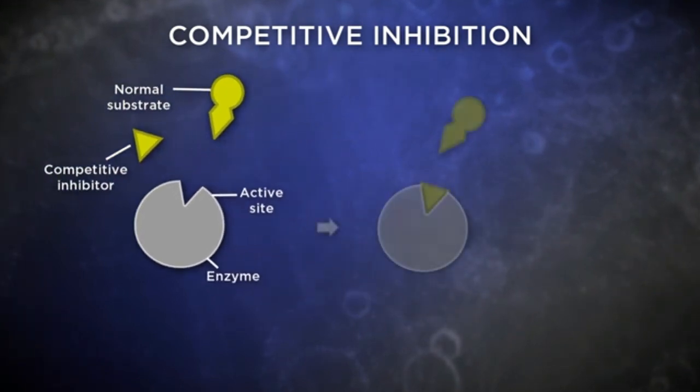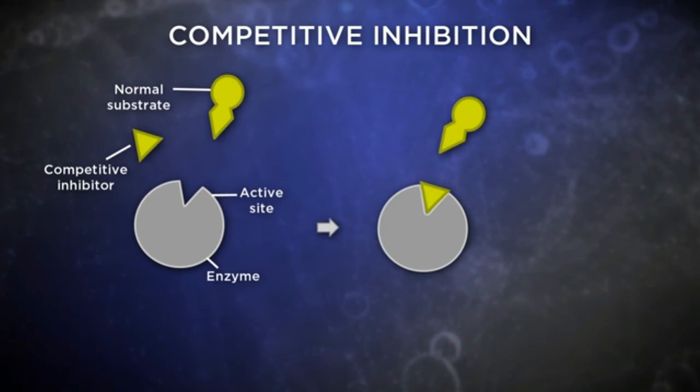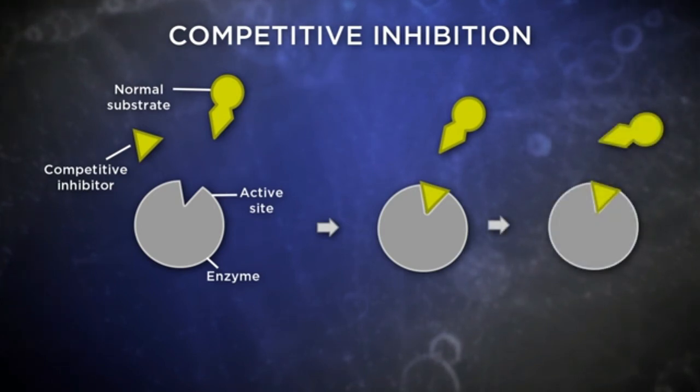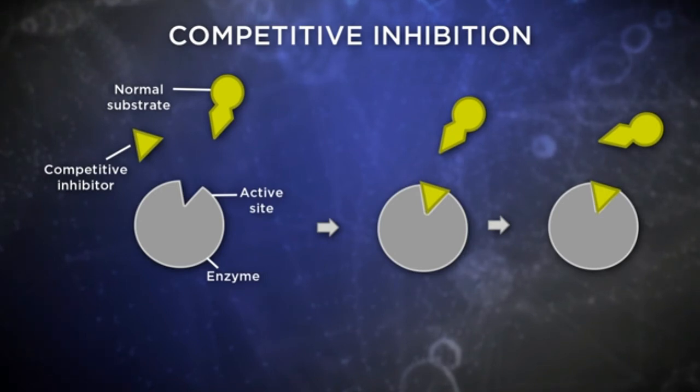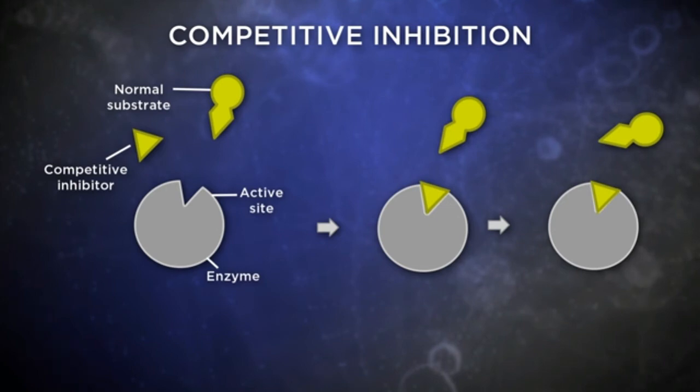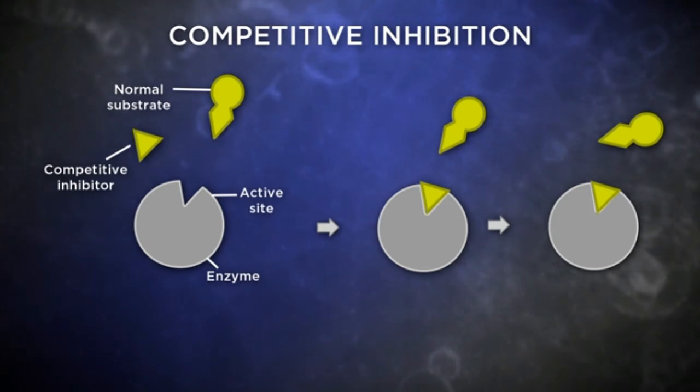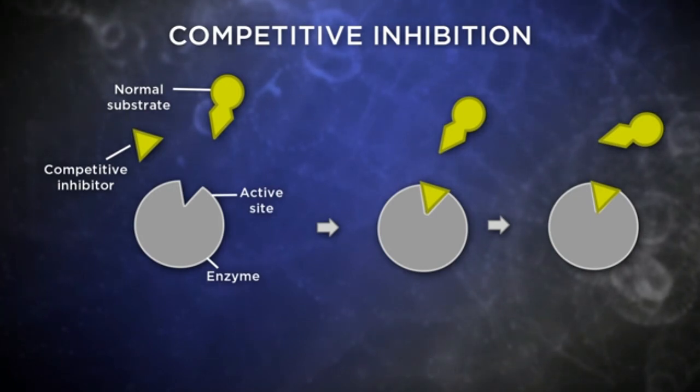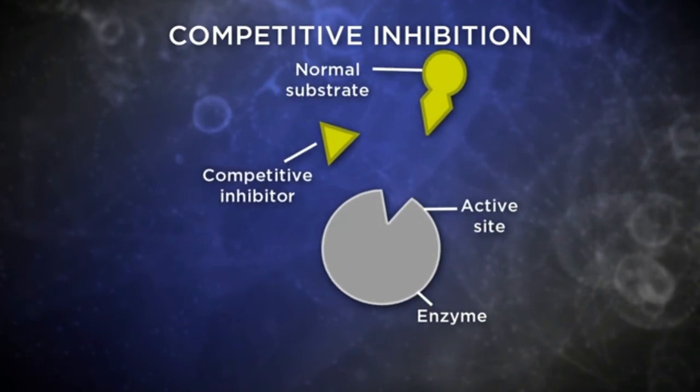When the inhibitor binds to the enzyme, the normal substrate cannot, and the enzyme is inactive. This is similar to what we saw for suicide inhibitors with one crucial difference. The competitive inhibitor does not make covalent links to the enzyme. With no connection between the enzyme and the inhibitor, their interaction is temporary and readily reversible.